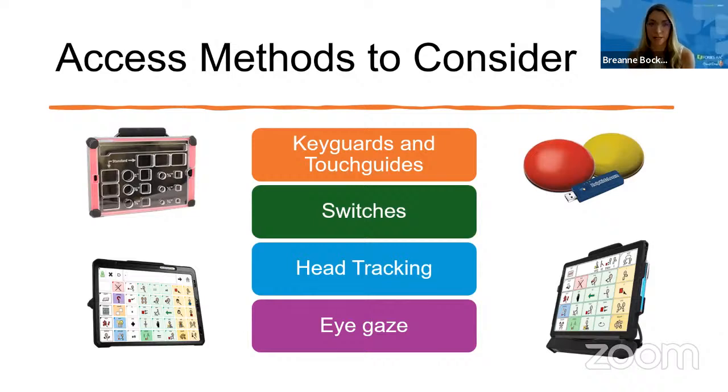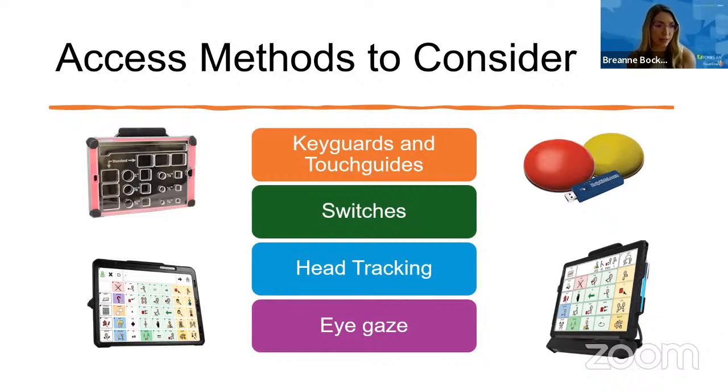There's a wide variety, but if you have a user who is physically unable to use their hands to be able to point or use a touch screen, switches can be accessed by like any different part of the body, whatever is the most efficient for them. And you can use CoreWord with switch scanning. So then they're using the buttons or whatever kind of switch they're using to select through the different vocabulary and choose what they want to say by hitting a button versus hitting the screen.